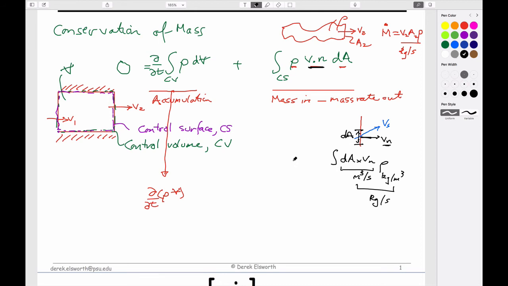The only important thing that you need to remember is that when you look at dot products, if this is your boundary and your fluid is flowing in this direction and your normal to the boundary vector is aligned with it, then V dot N is positive.